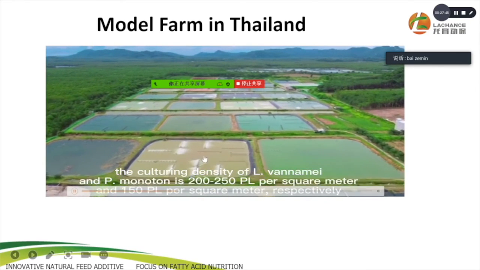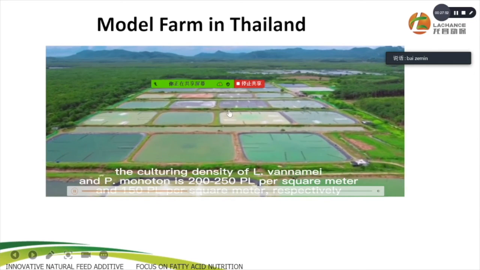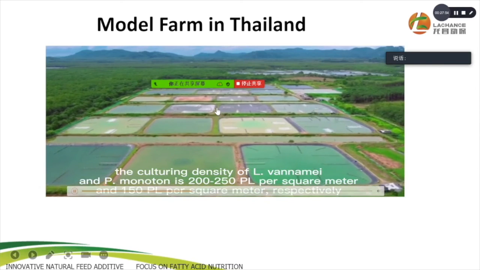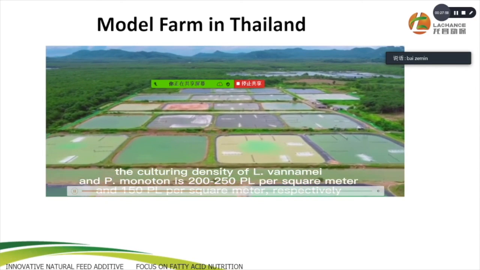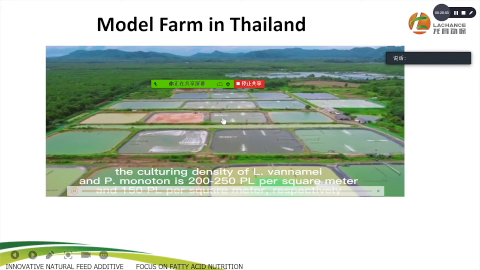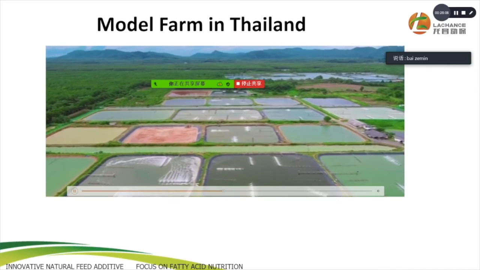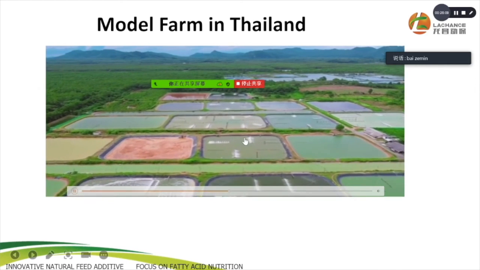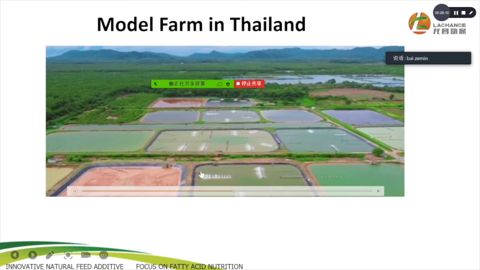This is about tiger prawn and some red meat. Actually, at the beginning, they seldom change the water, only top up due to evaporation and the discharge of particles, feces, and sediment, and the density can reach 200 to 300.